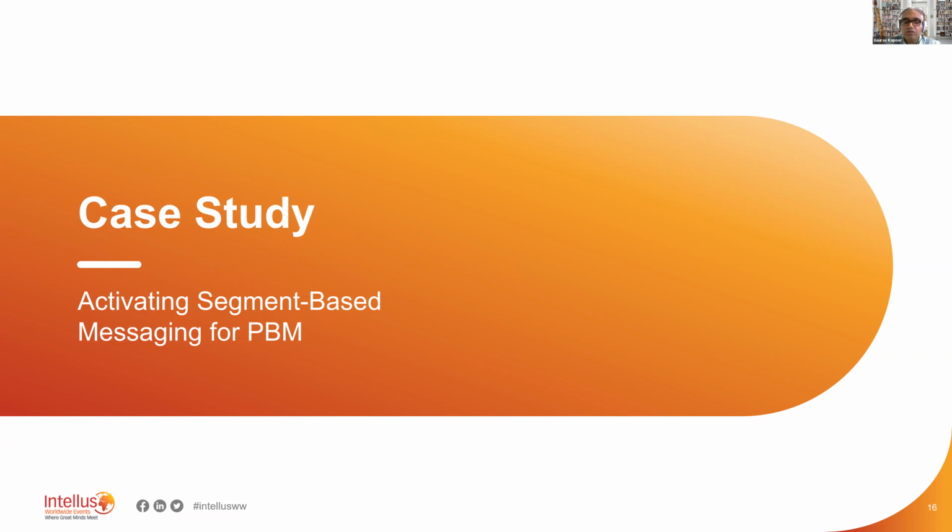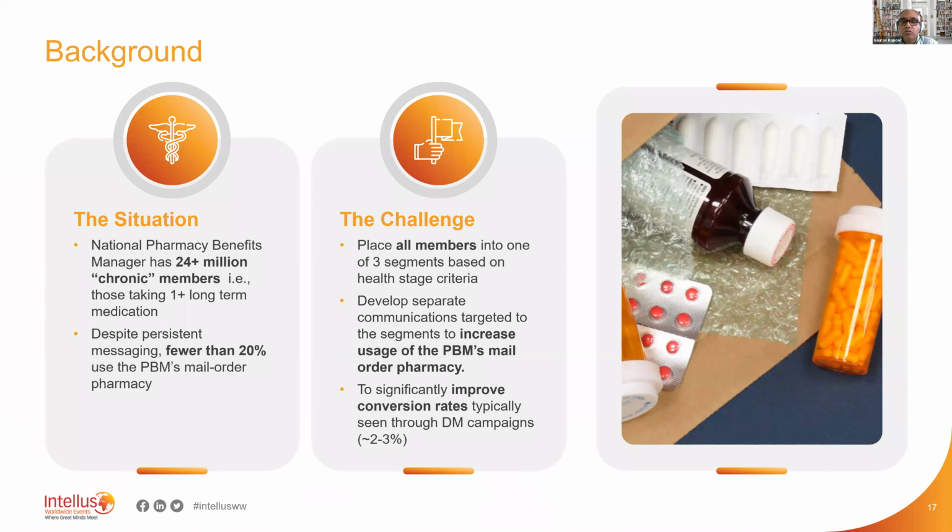The goal of this entire project was to help the world's largest PBM at that time convert more of their chronic care patients who are taking some kind of chronic medication from retail pharmacy to mail order pharmacy. They had 24 plus million people like that whose pharmacy benefits they were managing. And a lot of these patients were not converting their scripts. Less than 20% of patients had converted.